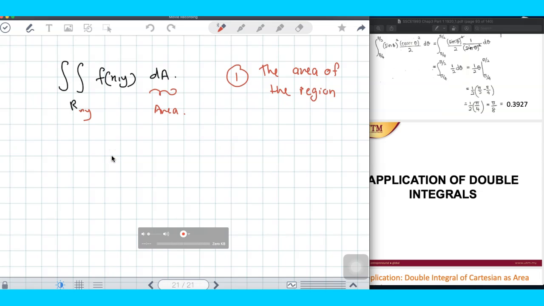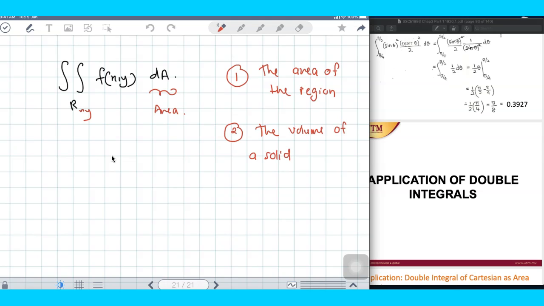And after that, we want to evaluate the volume of a solid. So first I will show you about the area of the region. How can we use the double integral to evaluate the area of a region?